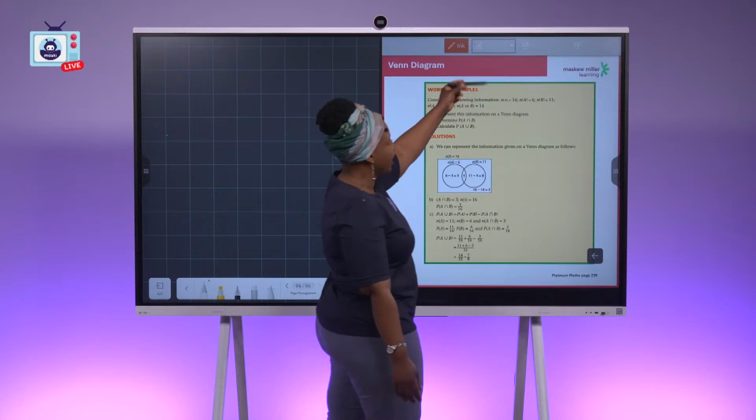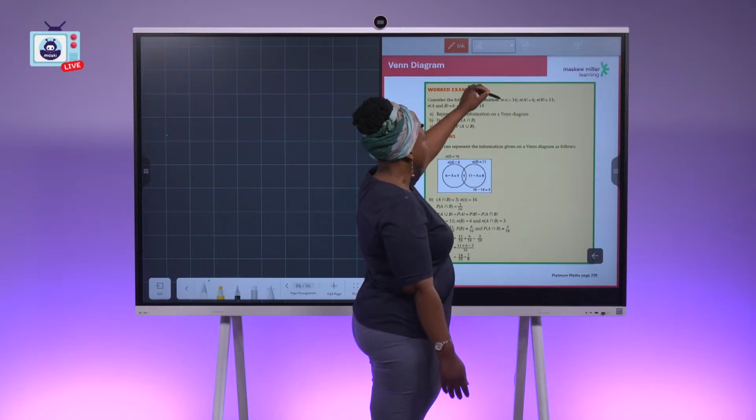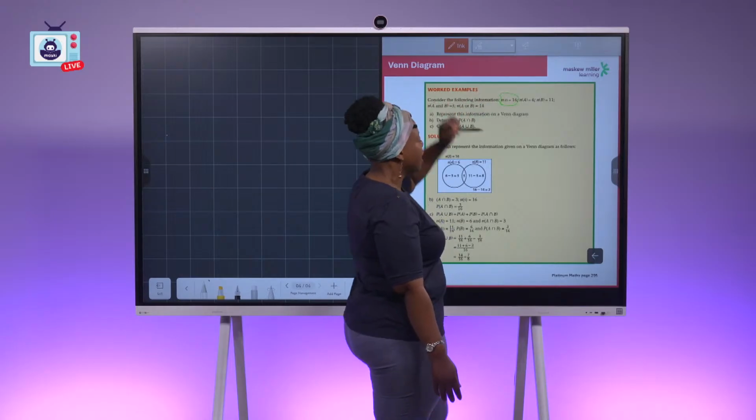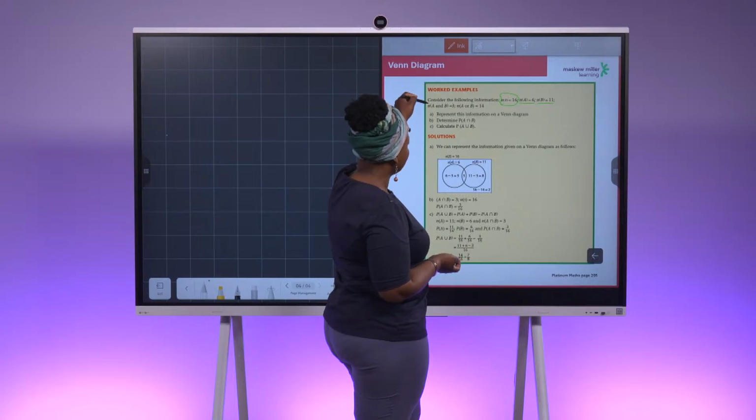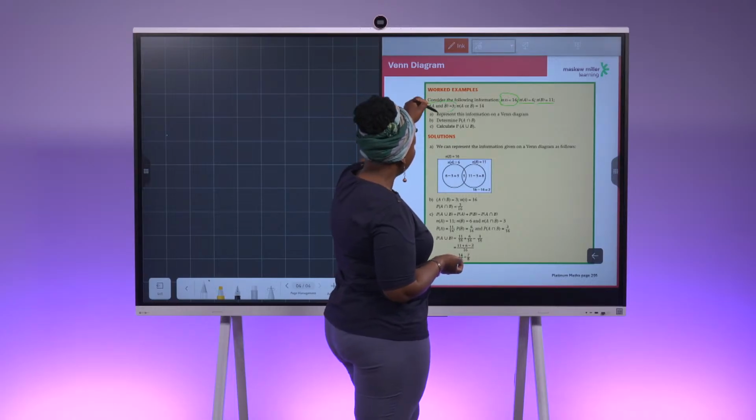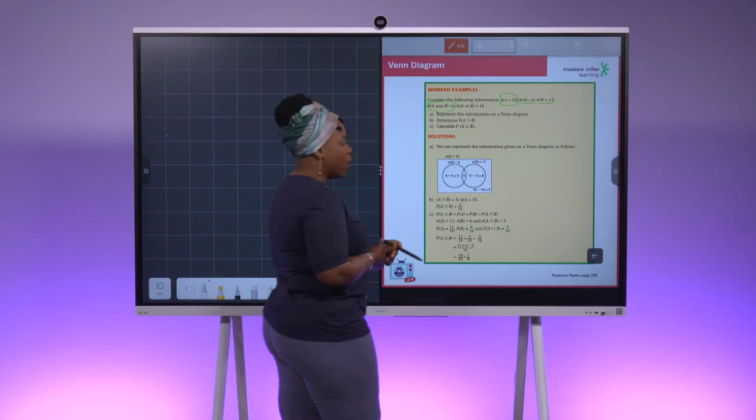Consider the following information. Here we are given that the total number of the sample space is 16, and we are given that the total number that is only on A is 6, and also the one that is on B is 11, right? And also we are given that there is an intersection of both of them, which is equal to 3.